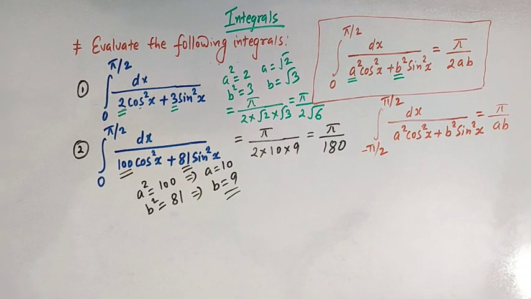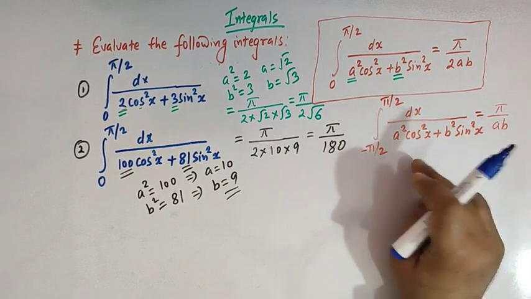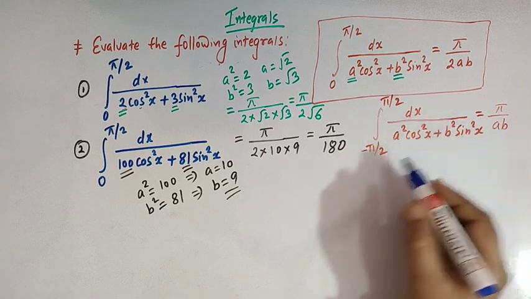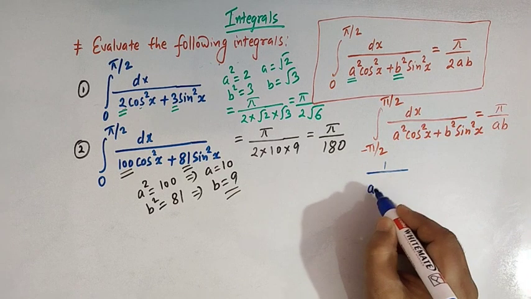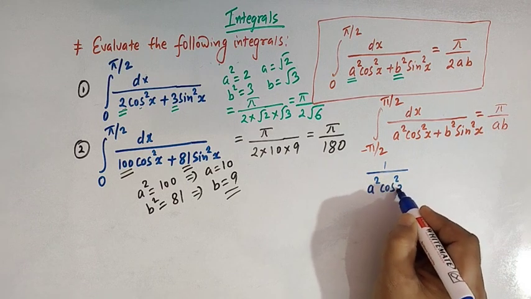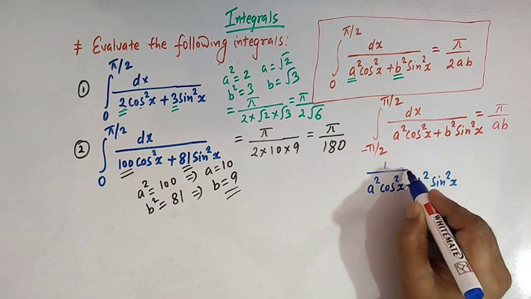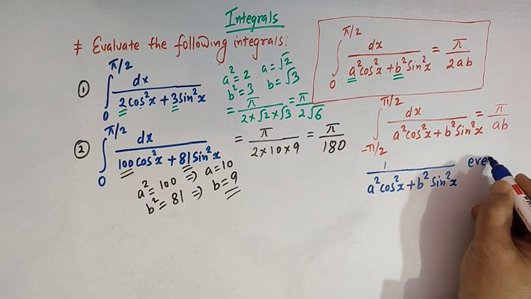Now here we have got this result because this function, 1 over a square cos square x plus b square sin square x, is an even function, right?